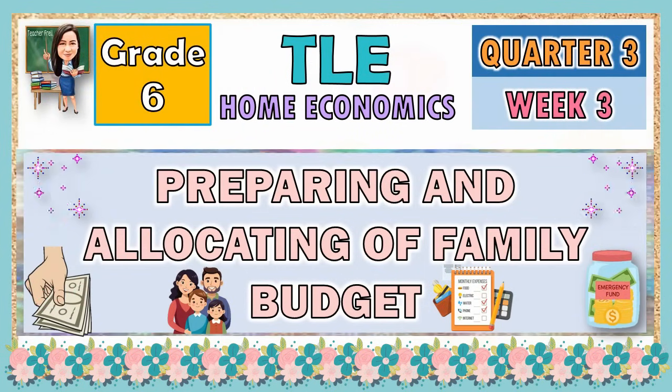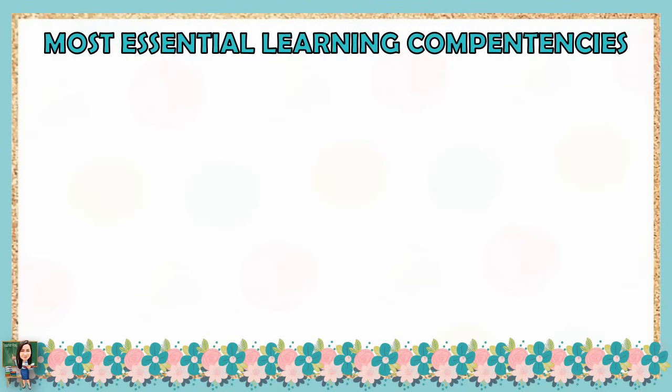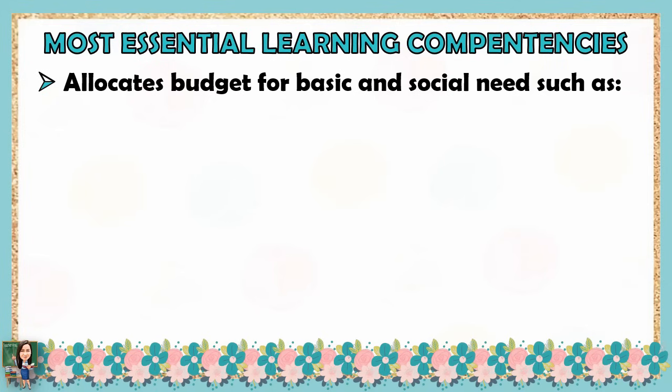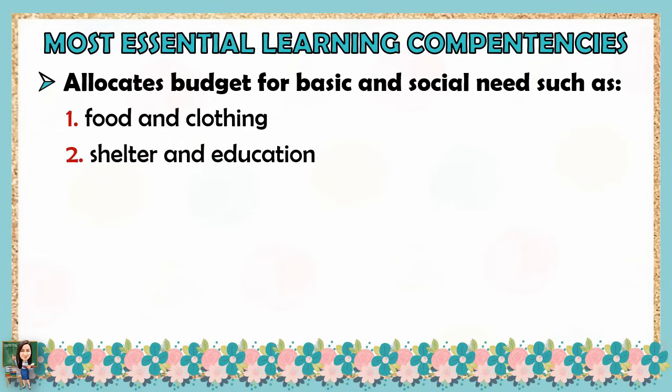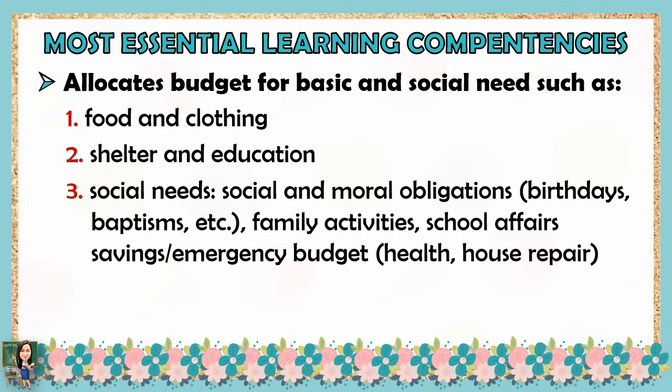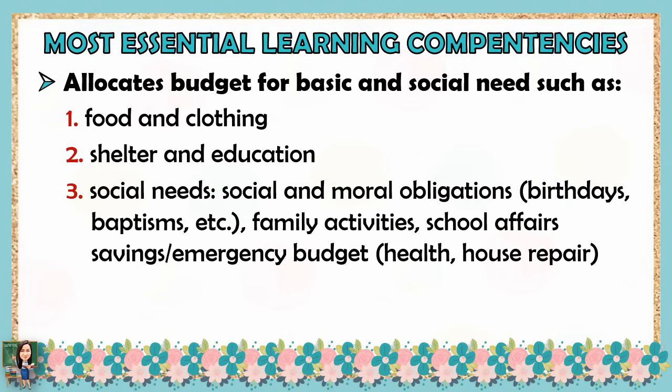For today's lesson in TLE 6, we will discuss preparing and allocating of family budget. The most essential learning competencies: allocates budget for basic and social needs such as food and clothing, shelter and education, and social needs like social and moral obligations.